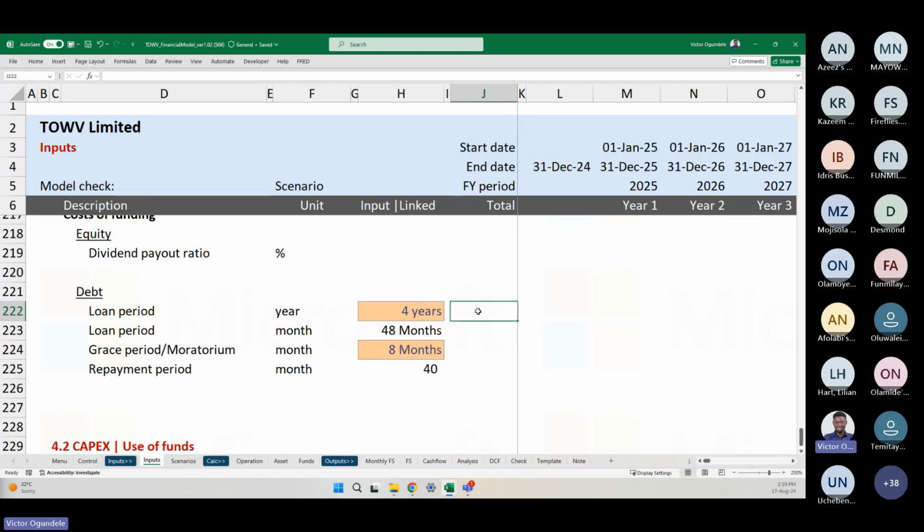Don't pay any principal, and don't pay the interest during that period, but you must calculate the interest as if you are paying it, which becomes an outstanding liability, outstanding interest. Now, by the time you want to start repaying after that 8 months, both the principal and the interest, the interest that you ought to pay in those 8 months that you did not pay will be added back to the initial loan that you've taken, and that will become your new debt amount.